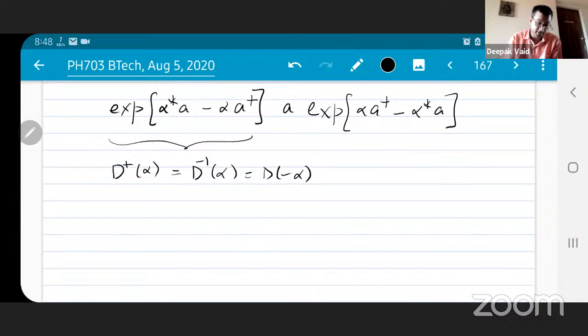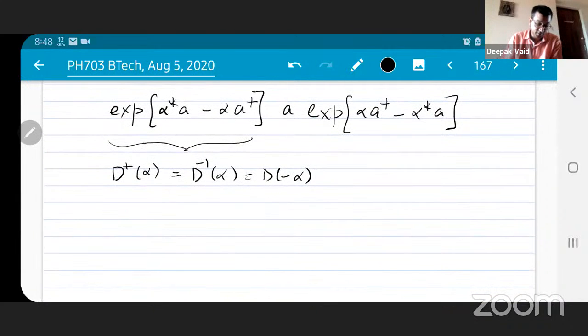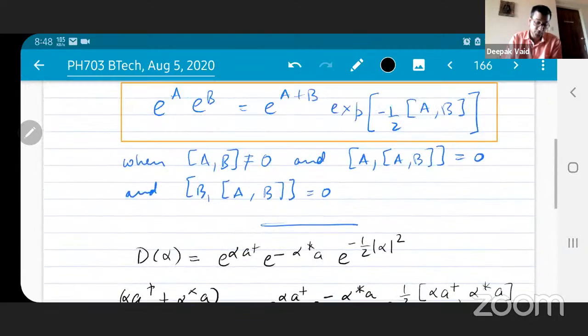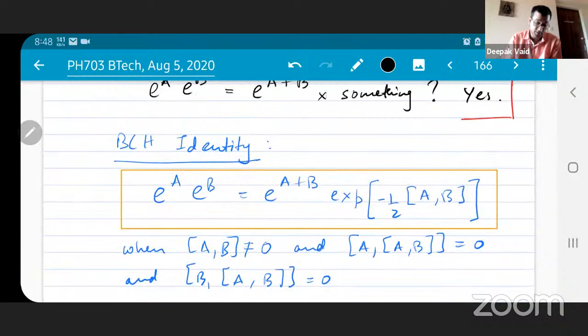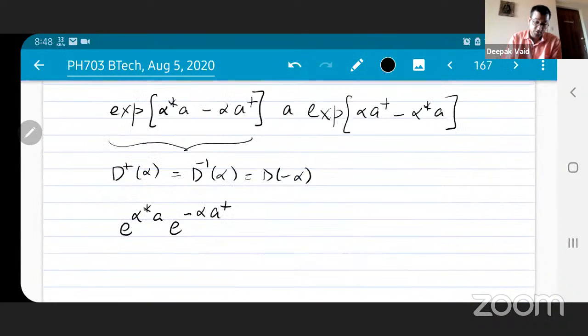The BCH identity tells us that the first term can be written as the product of alpha star a times the product of minus this thing. So from here, this is BCH, times something which is the exponent of 1/2 the commutator of alpha star a and minus alpha a dagger.